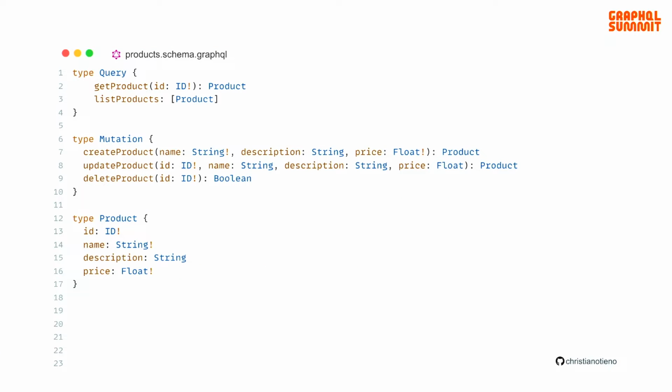So as you can see, let me bring back the product subgraph. What if we now want to create a relationship between the products and the user? How can we approach this?